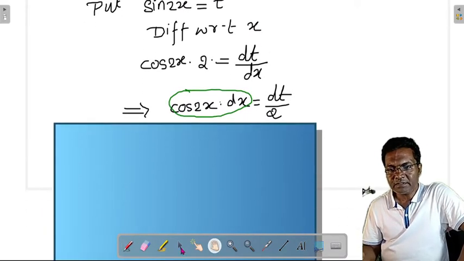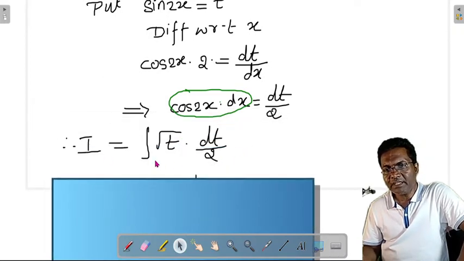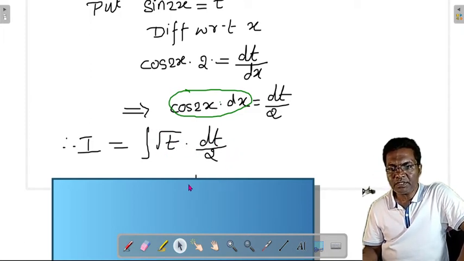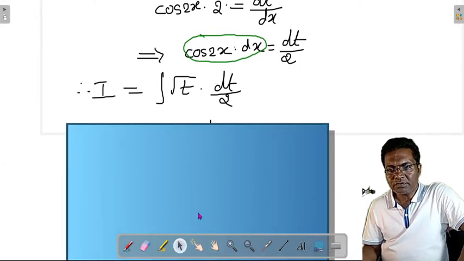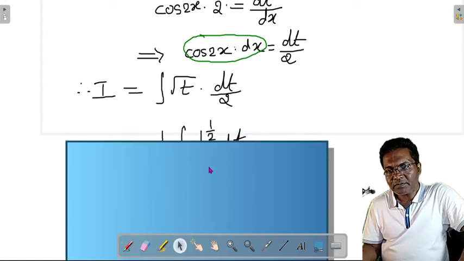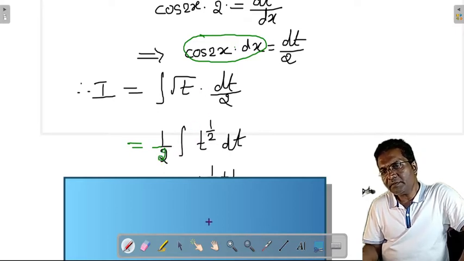On substitution, I becomes the integration of root t into dt by 2. Now you can integrate it. You can write 1 by 2 outside, and write it as the integration of t power half dt.